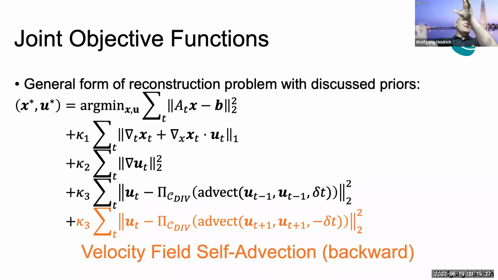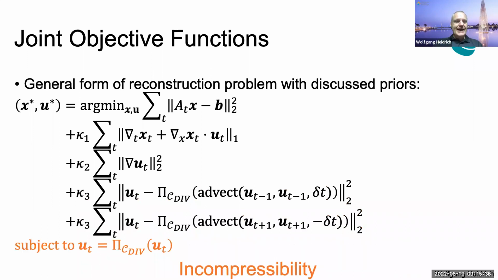But also the same thing holds backward. So if we take the flow field and backward advect it to the previous time step, it should also be consistent with that. And then finally, we have a projection operator that gives us this divergence-free flow.